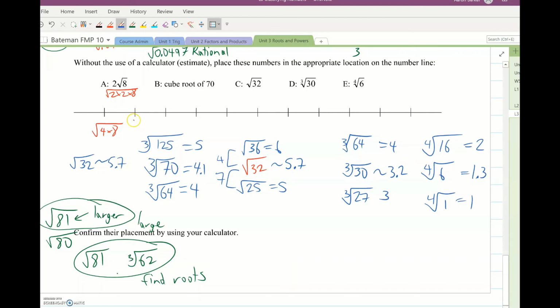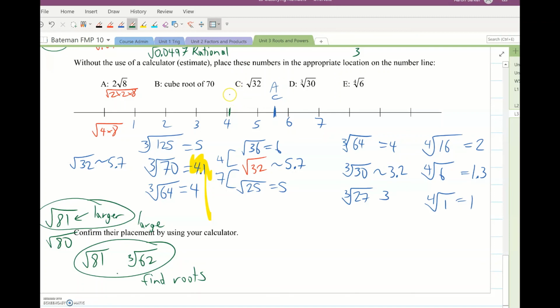Okay, so we got 1.3 over here, then we got 4 and 7. So let's say this is 1, 2, 3, 4, 5, 6, 7. Good. Let's put the very first one on there. So 5.7 and 5.7. That's going to be just a little bit above 5.5. So that would be A and C. Then which one should we do next? Let's do this one, 4.1. That's going to be just a little bit more here.